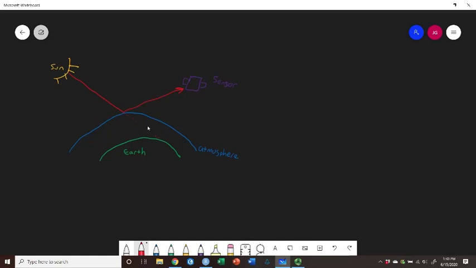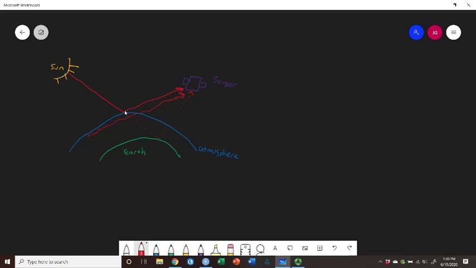The part that's transmitted through the atmosphere hits the Earth's surface. Some portion of that is reflected off the Earth's surface and hits the sensor. And then some random portion of energy from a different area gets reflected off, bounced around and scattered in the atmosphere, and it also hits the sensor.